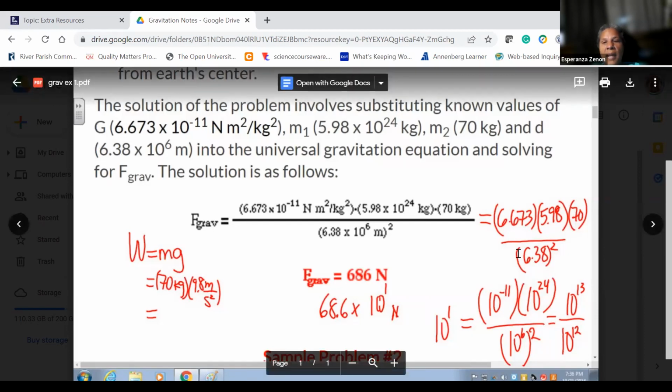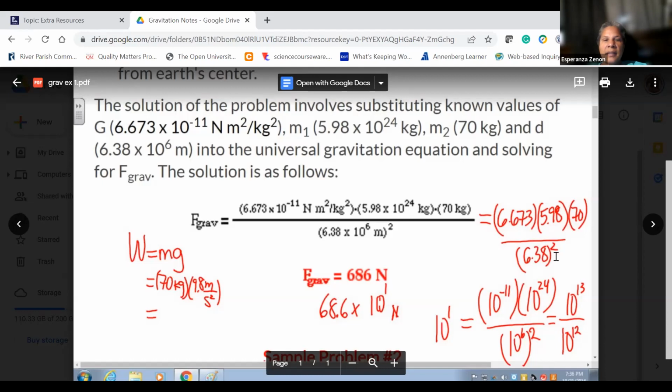But I'm just looking at the numbers right here: 6.38, and it's squared. So if I multiply my top numbers and divide by 6.38 squared, I get 68.6. So 6.673 times 5.98 times 70 divided by 6.38 squared gives me 68.6. Then I have to do my exponents.